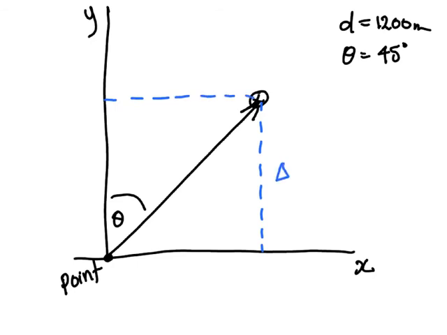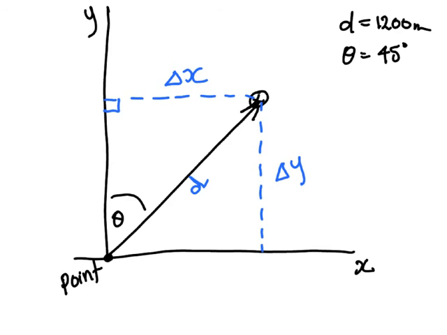This is delta y, this is delta x, and there's d. Okay, if we look at theta, we have delta x, which is opposite the angle, over d, which is the hypotenuse of this right angled triangle.